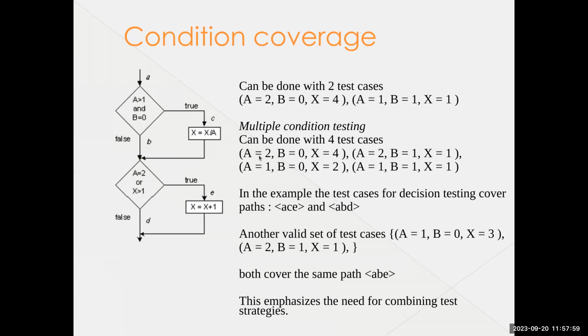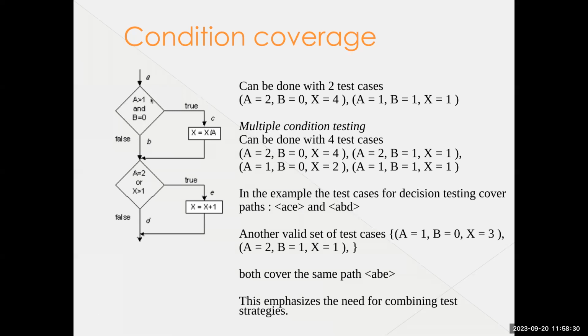Now in this one, check whether A is greater than 1 and B is equal to 0. If it is true, x is equal to x divided by A. If it is false, this side.